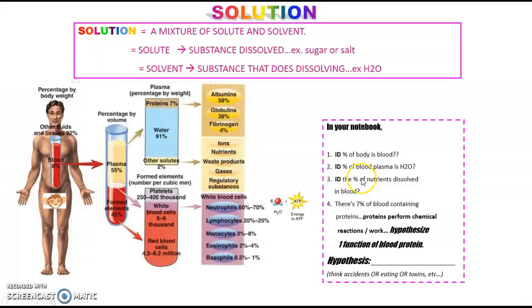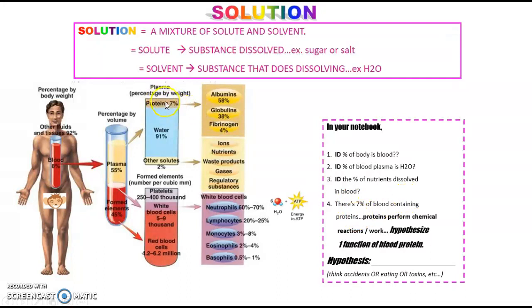So for number 3, you would write 2% of nutrients are dissolved in the blood. So most of the blood actually is something else. It's a lot of water, it's certain types of cells, proteins in the blood doing work. Only 2% of what's in your blood is actually nutrients, things that maybe the cells need that are dissolved into it. Okay, it says there's 7% of blood containing proteins.